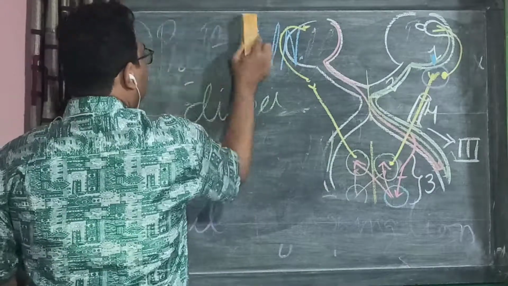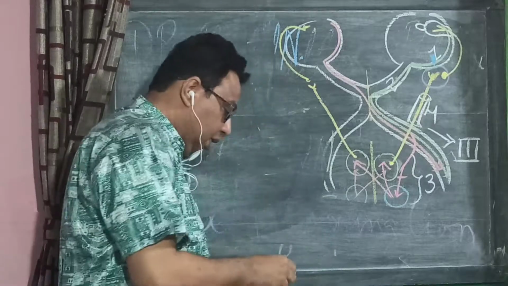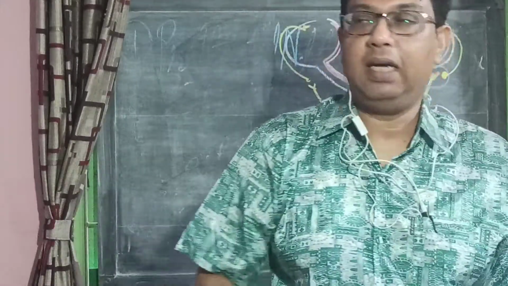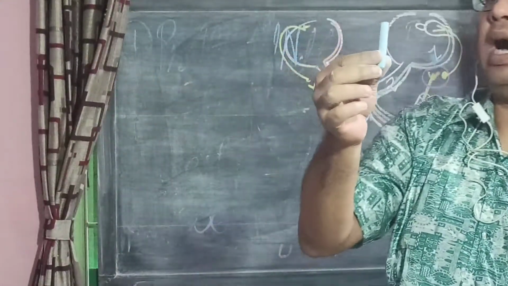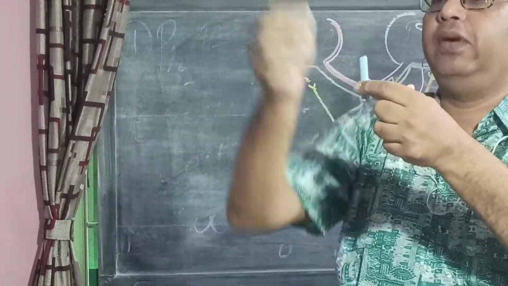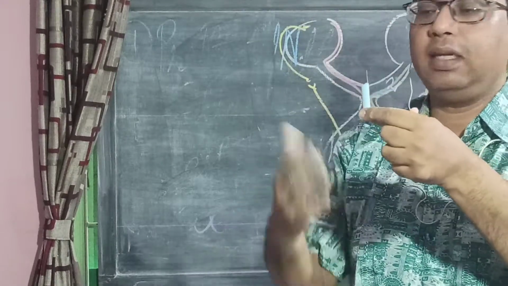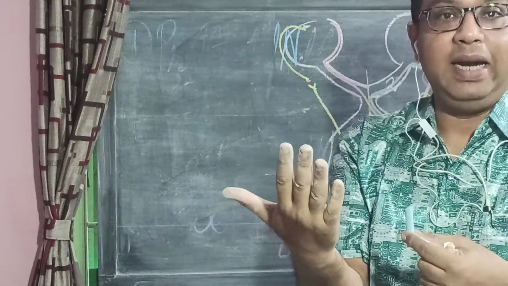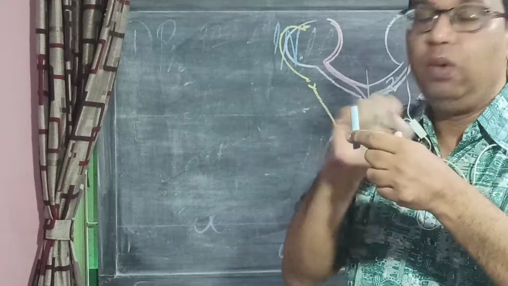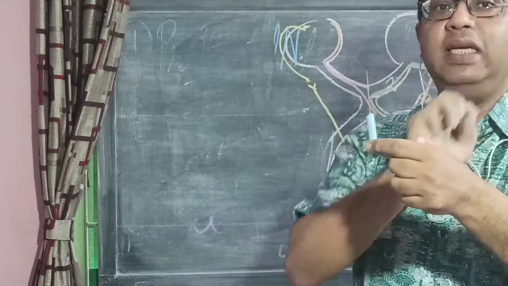Now regarding the accommodation reflex. What is accommodation reflex? It has been seen that if you ask a subject to look at a distance and then ask him to focus at a near point, like for example reading or looking at an object while working at it, you see three things happen.